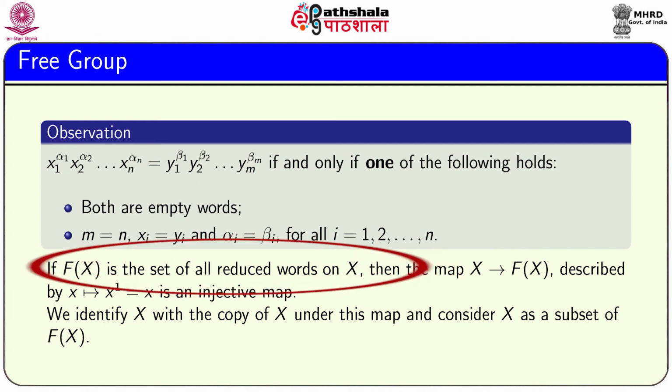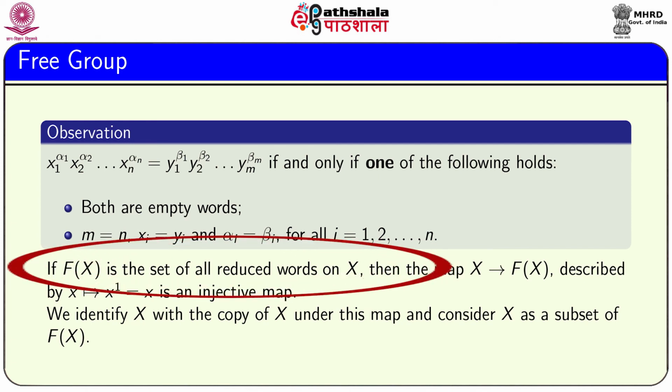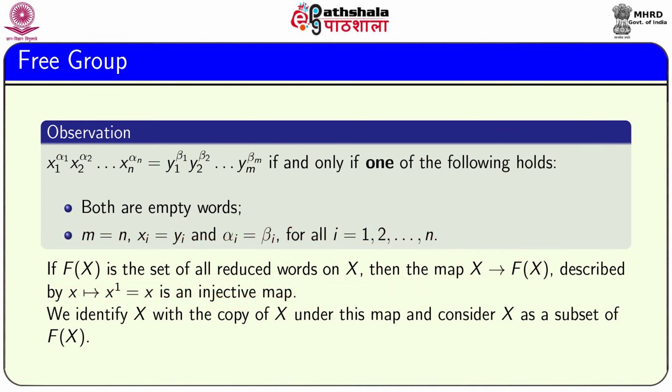If F(X) is the set of all reduced words on X, then the map x goes to x to the power 1, which is x as we know, is an injective map. We identify X with the copy of X under this map and consider X as a subset of F(X).